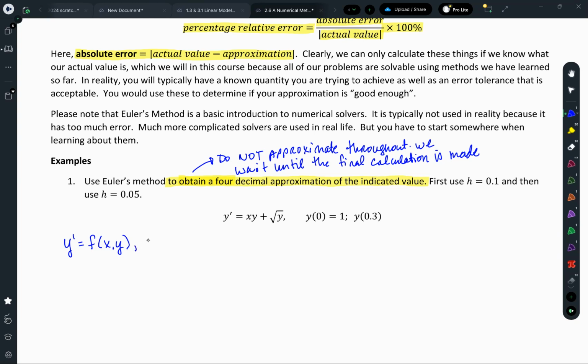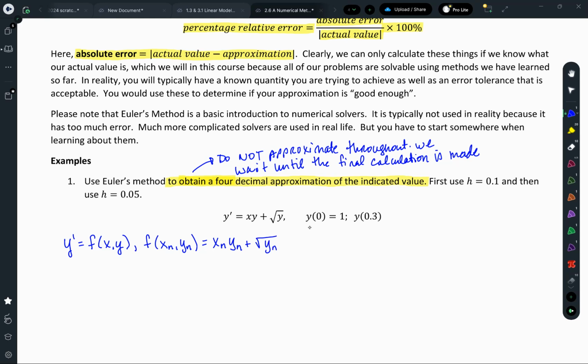That's pretty clear. There's an x and a y in it on the right-hand side. And so if we want to define what f of x sub n, y sub n is equal to, we just go through that y prime expression and replace all the x's and y's with x sub n and y sub n. So I get x sub n, y sub n, plus the square root of y sub n. Okay, so that's the information I get from the differential equation.